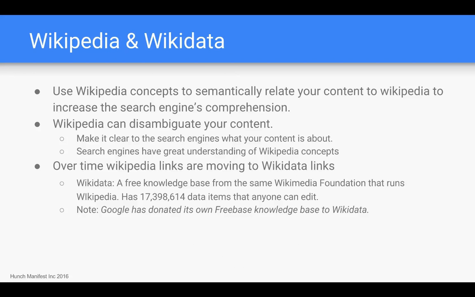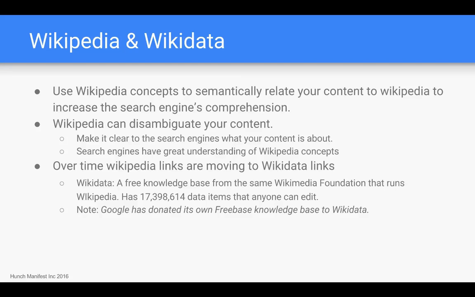With Wikipedia and Wikidata, you can use these databases as a means to semantically relate your content to these concepts, and they're very well known by the search engines. Google will very often in their answer panels on the right hand side refer to the Wikipedia pages.